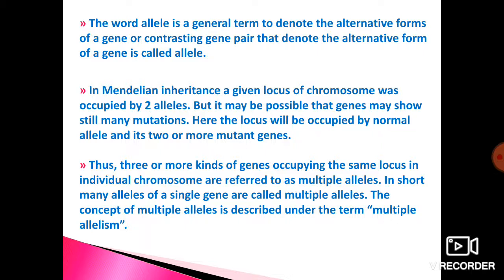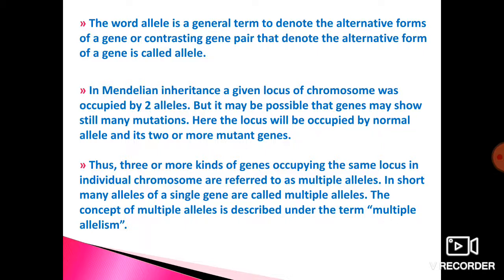Now, most of the characters, the phenotypic characters or any of the characters that are expressed, are controlled by such a pair of genes known as homologous alleles. But then in nature, something different has also happened.